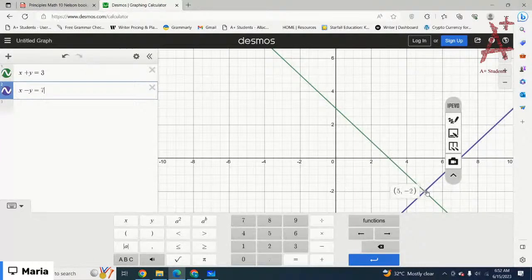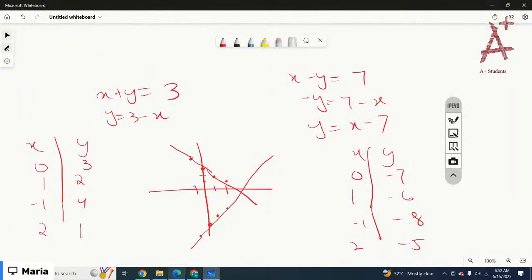Okay, you can see here it is. That means when x equals 5 and y equals -2, that would be the solution. Got it? So that's how you solve the equations using the graphing method.